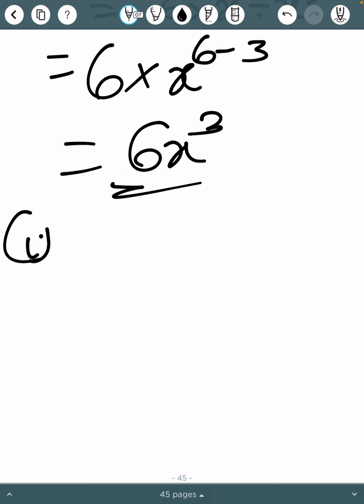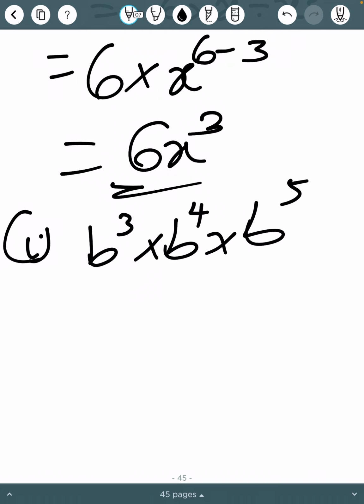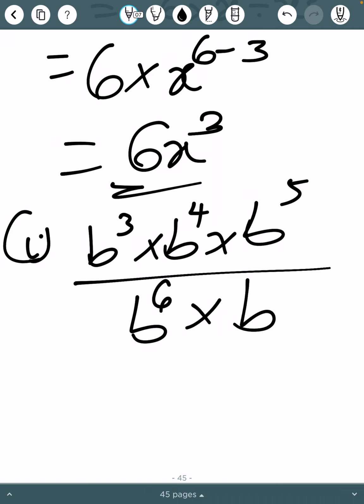That's the next question. b raised to power 3 times b raised to power 4 times b raised to power 5, all over b raised to power 6 times b. I'm just going to put the numerator in one piece: 3 plus 4 plus 5.